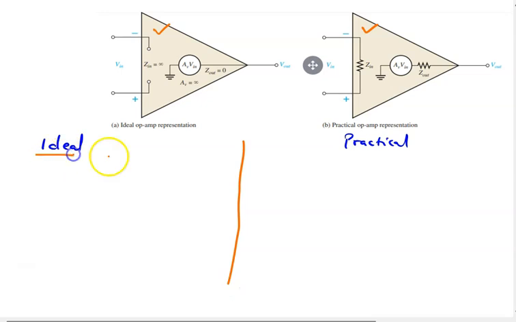For the ideal situation, what do we have? With the ideal situation, we can say that the input impedance is infinite. So we have infinite input impedance.